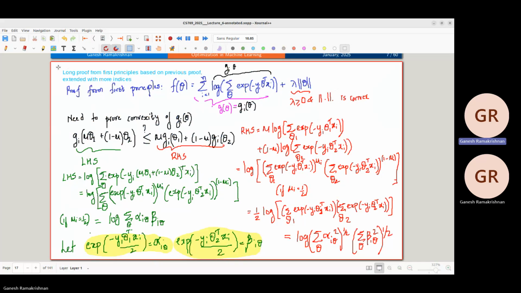Because of that, you will also have a lot of theta vectors, right? So a sum over theta of exp of minus yi theta transpose xi. That will also mean that the index theta will sit into the alphas and betas, which we used in the Cauchy-Schwarz inequality. So things have become more complex, with a lot more indices, but the form is the same.